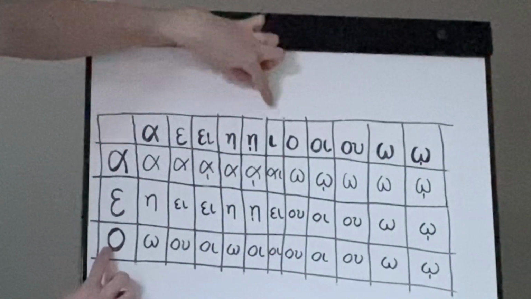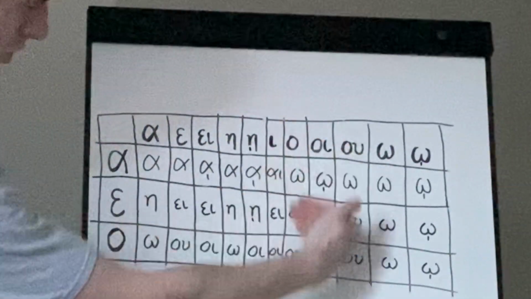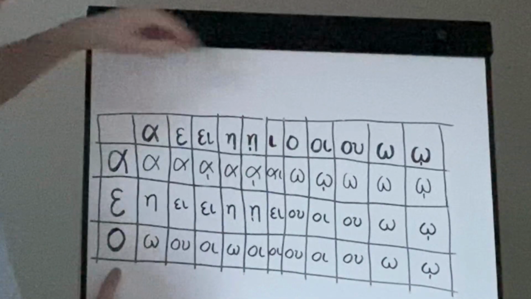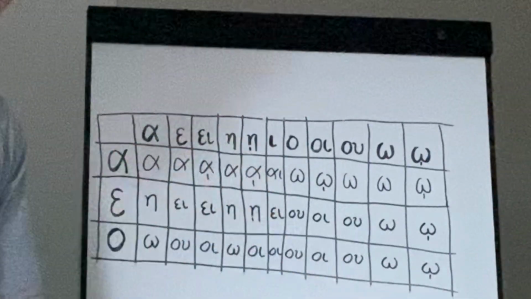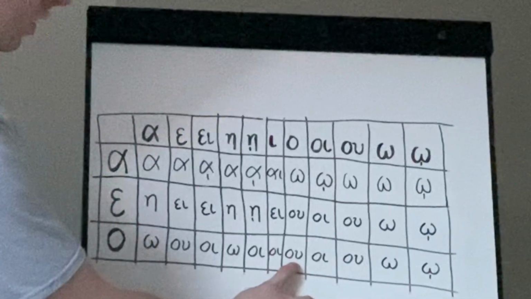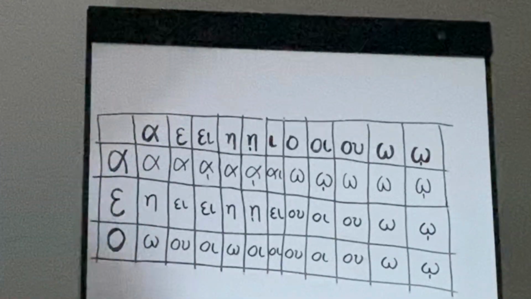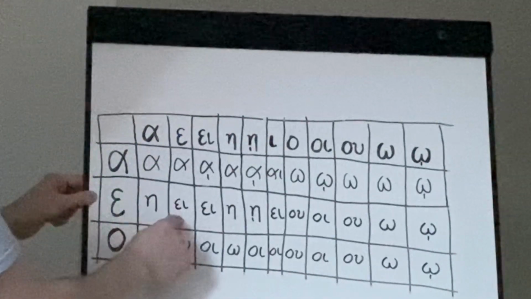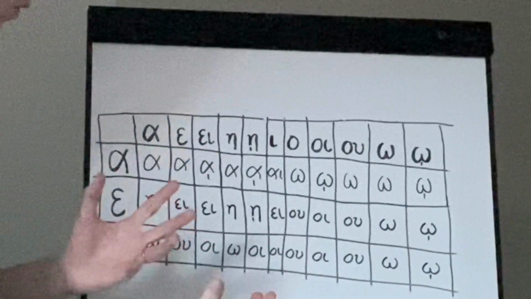You literally just stick these two letters together in that middle column, which we've discussed before. Omicron plus omicron makes a stronger vowel sound. It makes a diphthong. It makes the diphthong omicron upsilon. As in the case of epsilon plus epsilon, it makes a more powerful vowel sound.